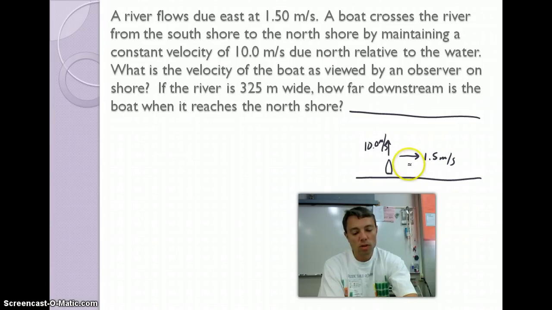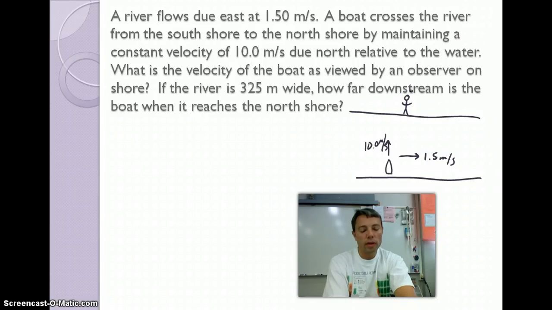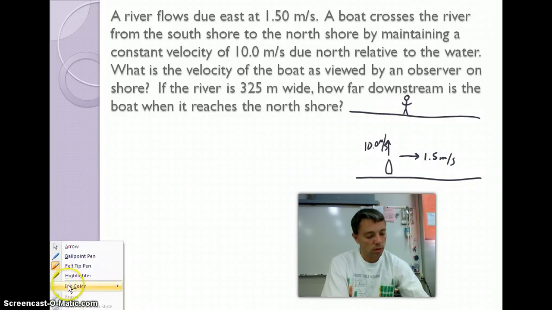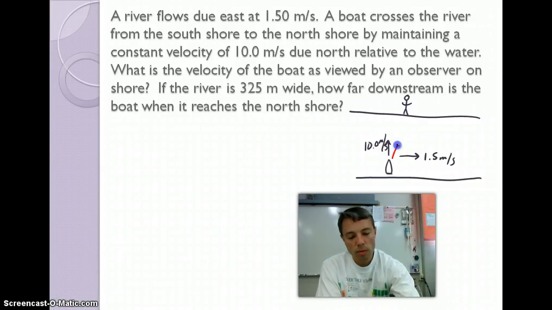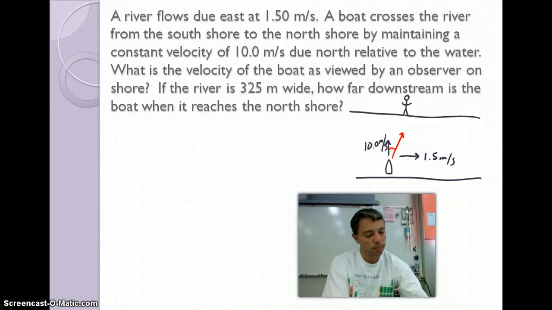This arrow should be considerably smaller than that arrow because it is a smaller velocity. But we've got our observer over here on the shoreline, and we say, okay, what is the observer going to notice? And if I switch my colors here to see what my resultant looks like, my resultant is going to be something like this, and there's going to be an angle associated with that.